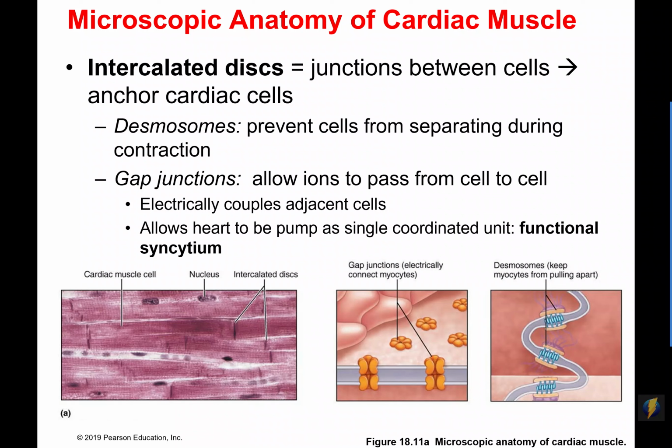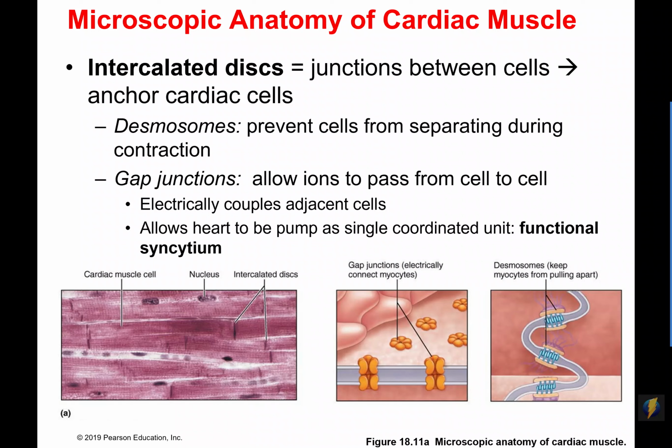We also want the heart to function as what we call a functional syncytium, which is essentially a fancy word for a coordinated unit. You don't want the right side of the heart to contract and then the left side of the heart to contract. We want it to go all at once. And how we are able to do that is by electrically coupling the cardiac muscle cells that sit next to each other, so they can pass nutrients and ions and electrical signals from one cell to the other quite seamlessly.